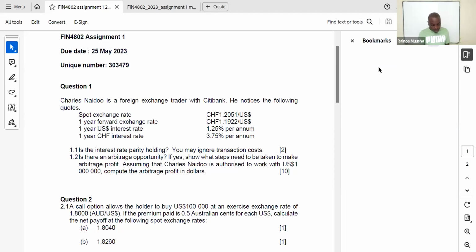So for question 1.1, they ask us if the interest rate parity is holding, and you may ignore transaction costs. So we need to check to see if interest rate parity is holding.